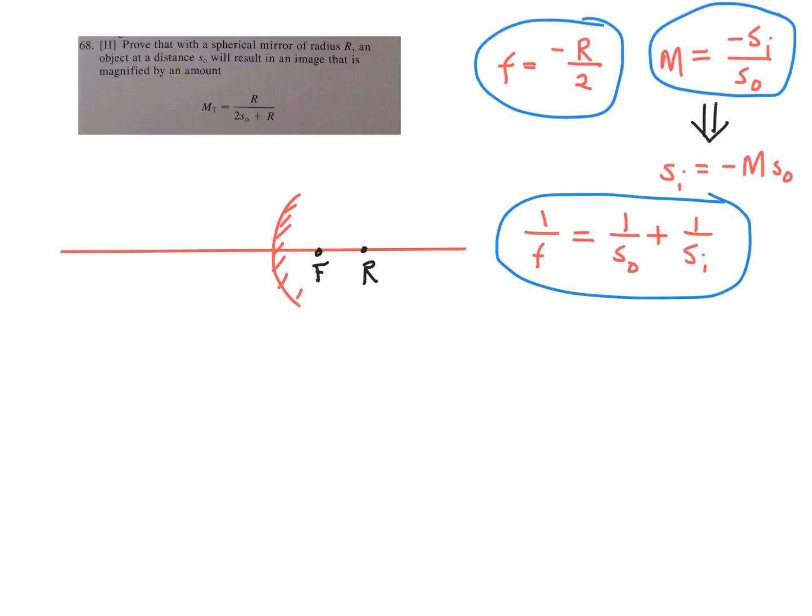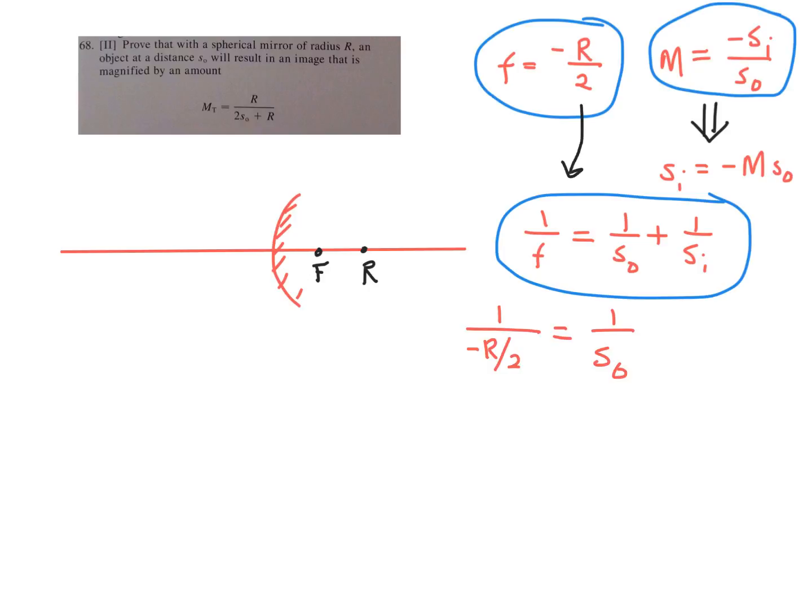In other words, if I plug in for f and then for s sub I, I get the following transformation of this lens equation. It's 1 over negative r over 2, I've gotten rid of f, equals 1 over s sub o, which I didn't need to get rid of because that's what I have to have in my answer.